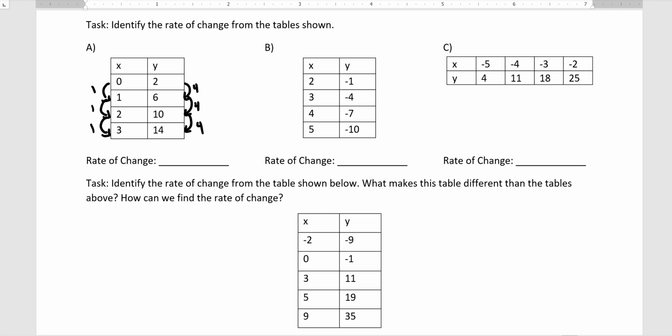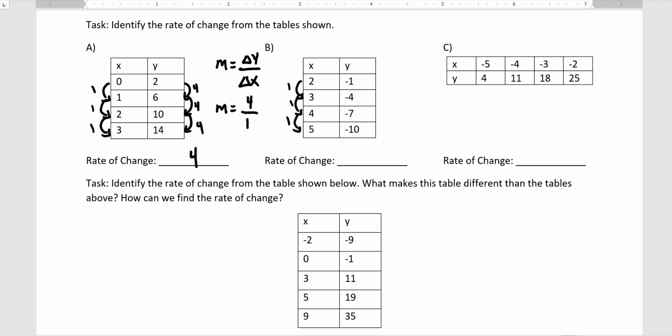So my change in y, remember slope equals my change in y over my change in x. How much did y change? y changed by 4. How much did x change? 1. So my slope m is just 4 over 1, so my rate of change here is 4. Now notice here, x again going up by 1.